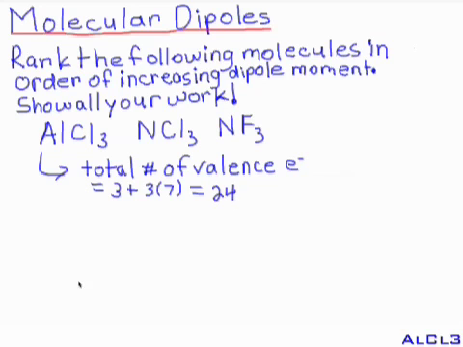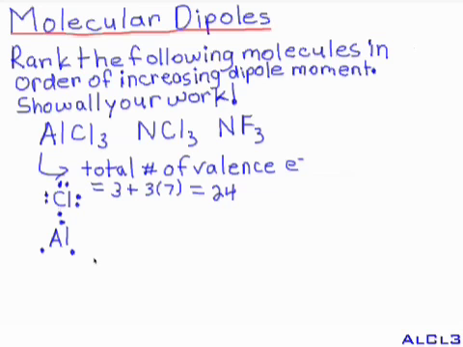So we can take our aluminum, we can give it its 3 electrons, we can place our chlorine around it, and it has 1, 2, 3, 4, 5, 6, 7.